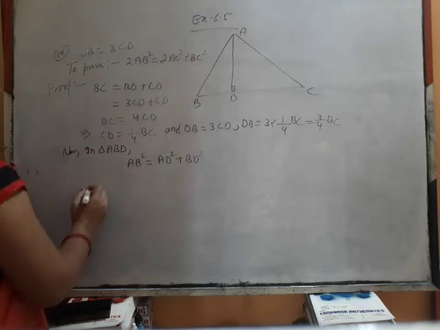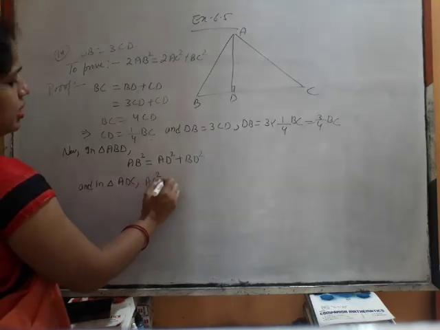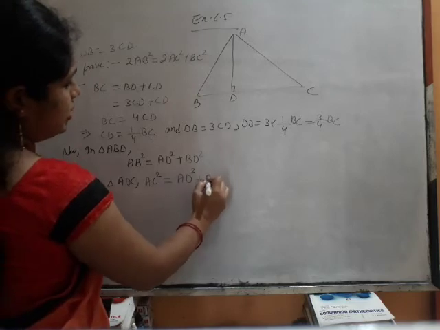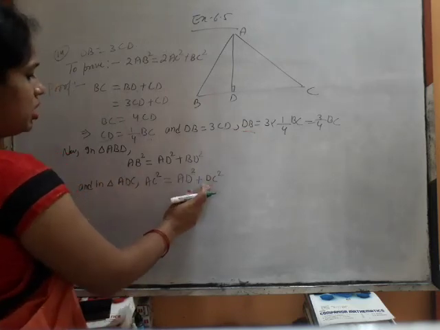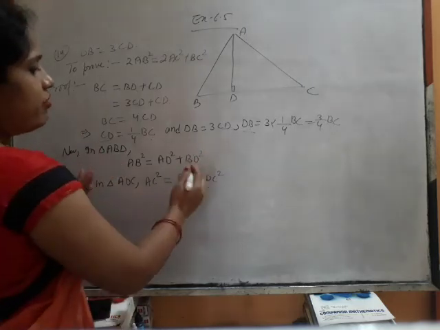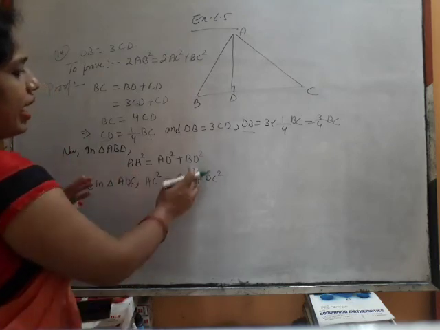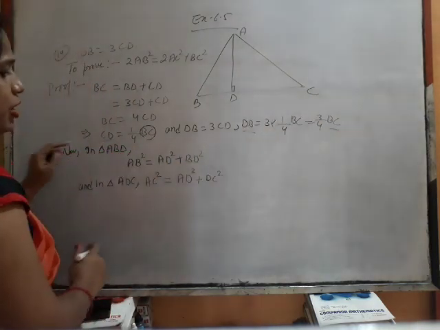So in triangle ADC, we have AC square is equal to AD square plus CD square. This CD and this DB we will put the values here. Since we need AB and AC, AD we don't need. So if we subtract both the equations, AD square will go and we will have finally AB, AC and BD, CD in respect of BC, because both the values are in the form of BC. So we will replace it.